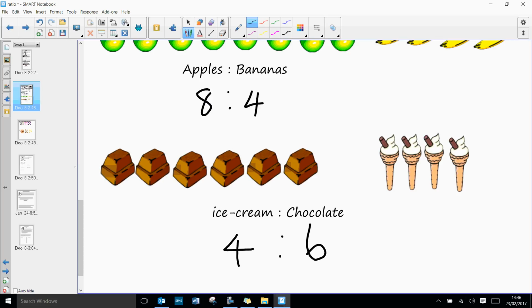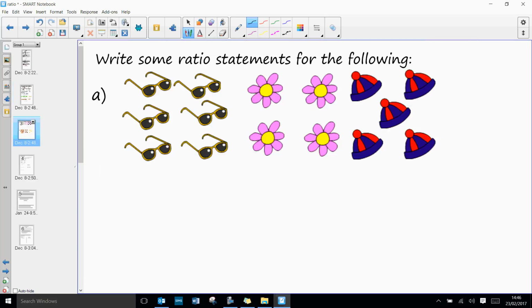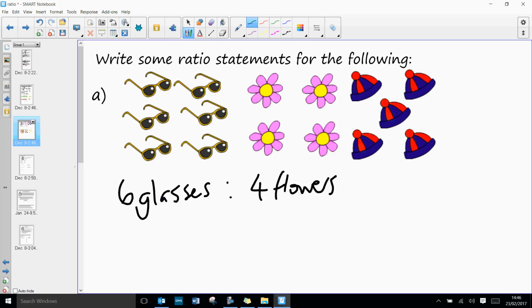Write some ratio statements for the following. We could have 6 glasses, 4 flowers, 5 hats. That's a really boring one.